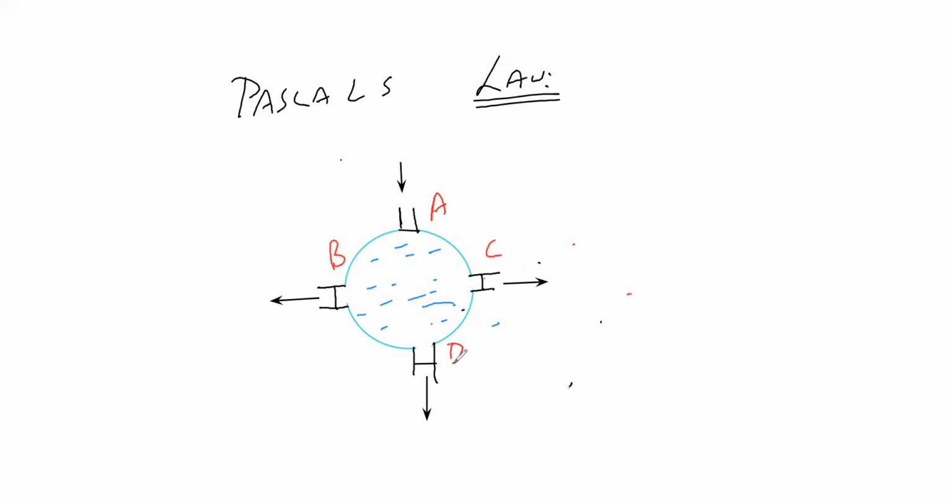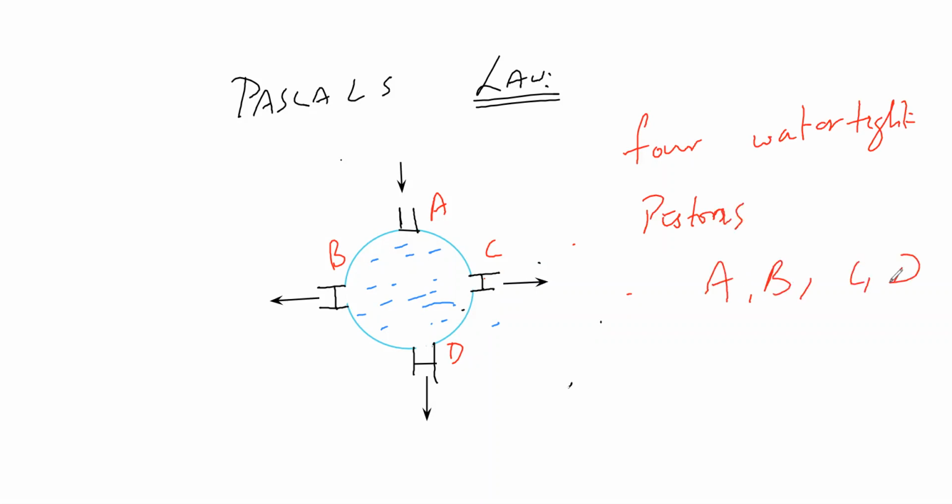So this A, B, C, D is nothing but 4 watertight pistons. Which ones? A, B, C, and D. So this is my piston B, C, and D. First the piston was somewhere here, let it be here on the top.